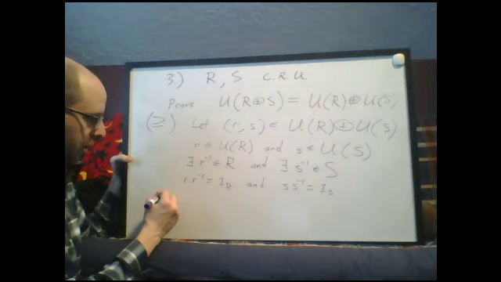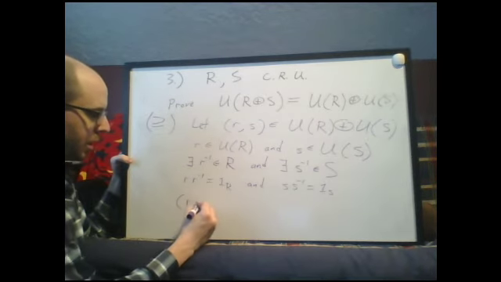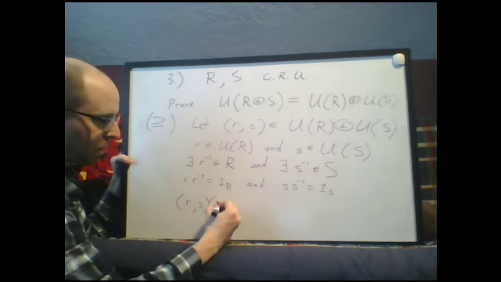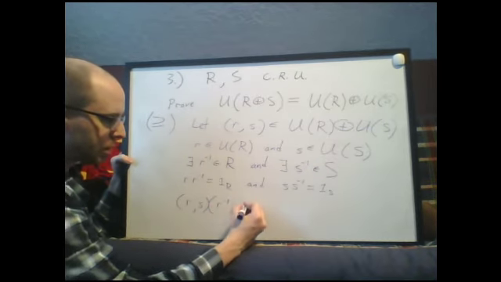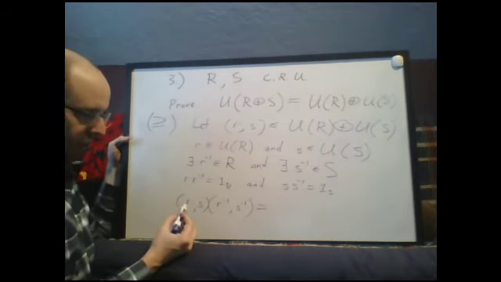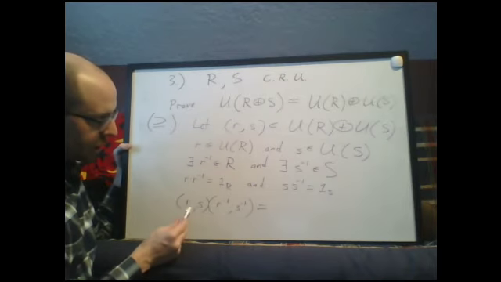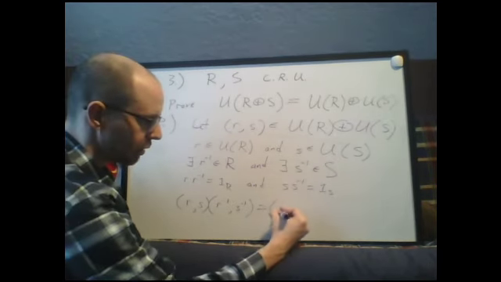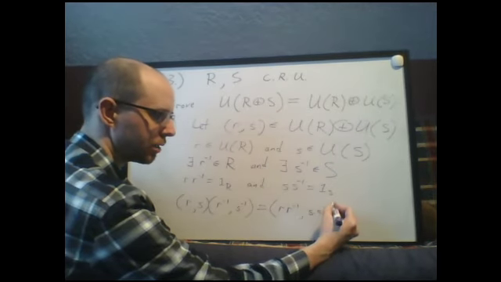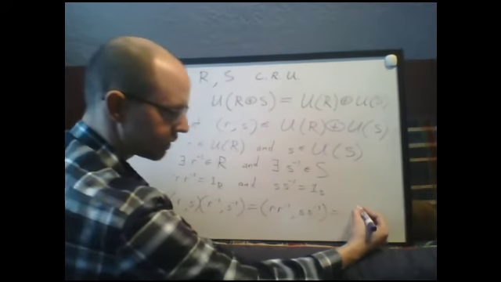Okay, but now, if we look at the ordered pair (r,s) times the ordered pair (r inverse, s inverse), by the definition of multiplication in a direct sum, or multiplication of ordered pairs, I multiply the first coordinates and I multiply the second coordinates. So I get (r r inverse, s s inverse), but that's going to be (1R, 1S).